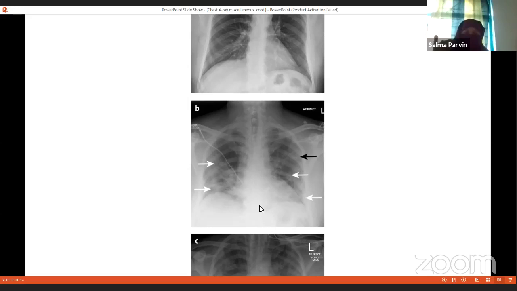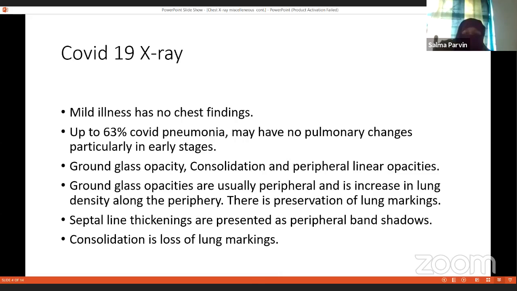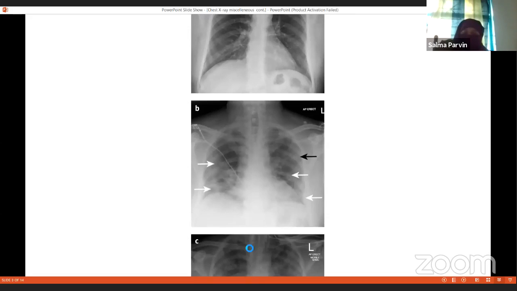And you see the seriously ill patient has got central lines and emergency catheterization. Later on, consolidation progresses towards the upper zones also. The part is seen here.